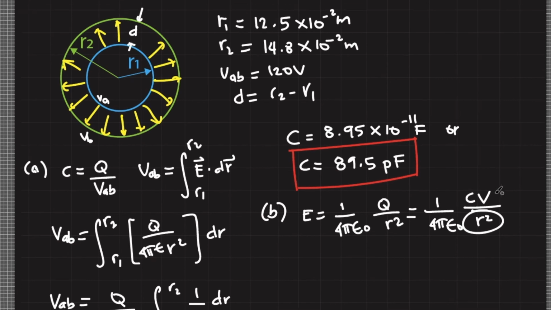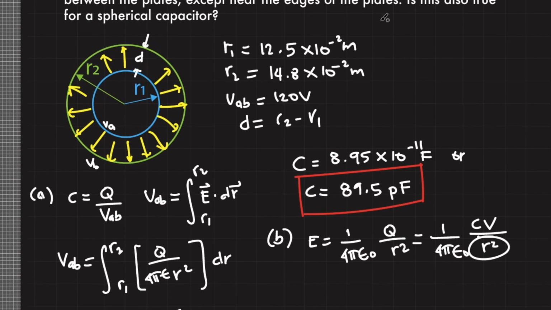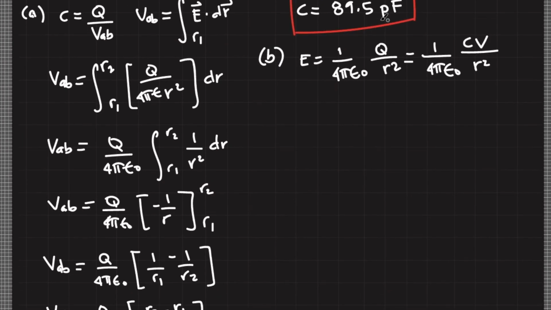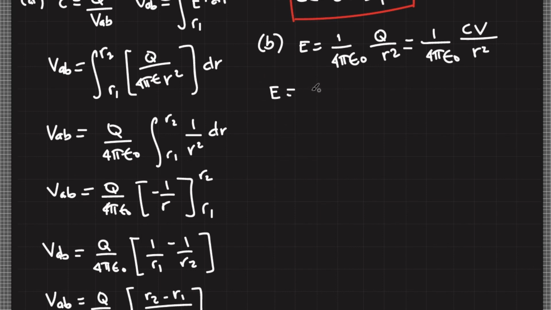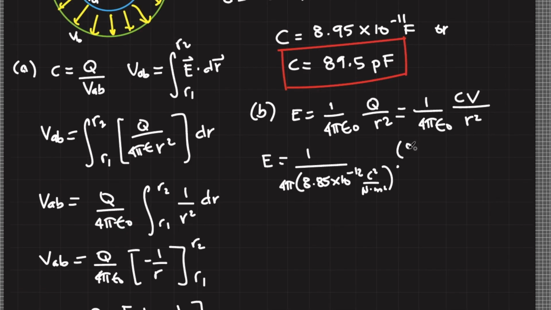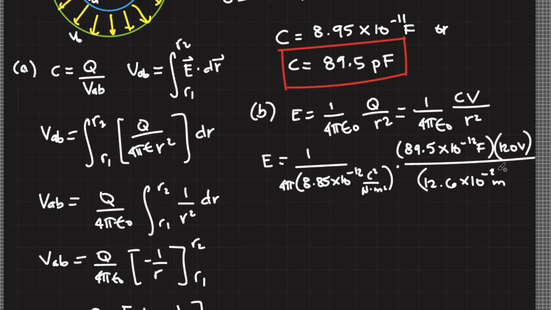And r here is 12.6. Plugging in the values, the electric field is equal to 6082.89 newton per coulomb or volt per meter.